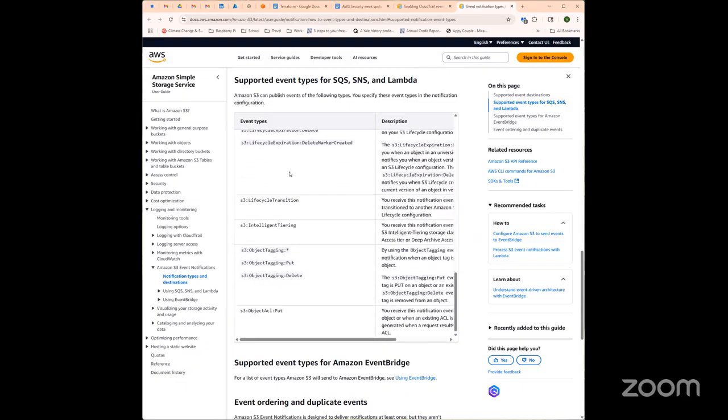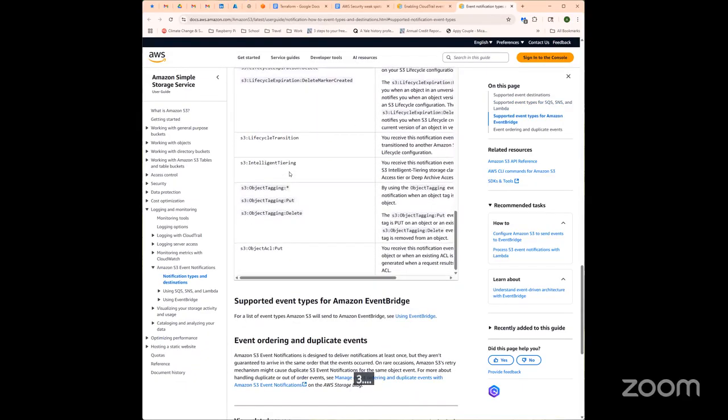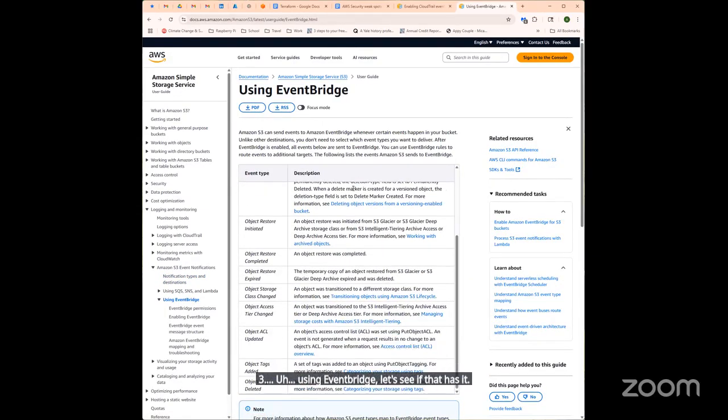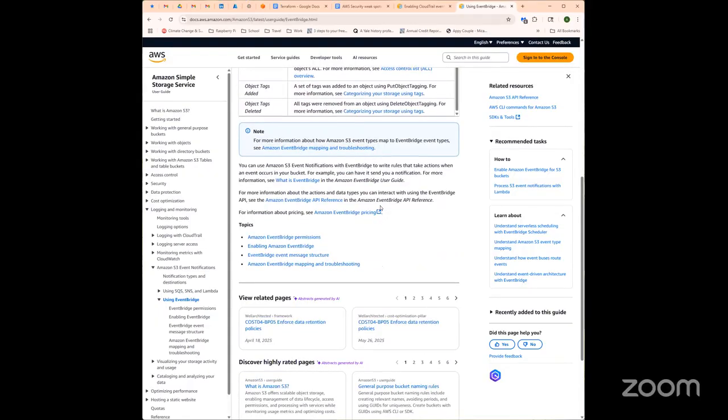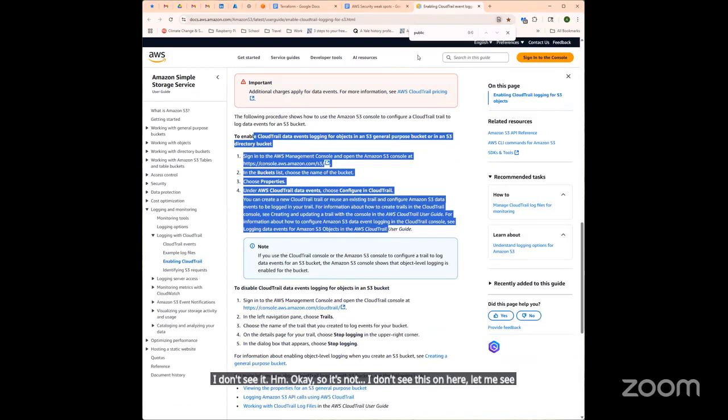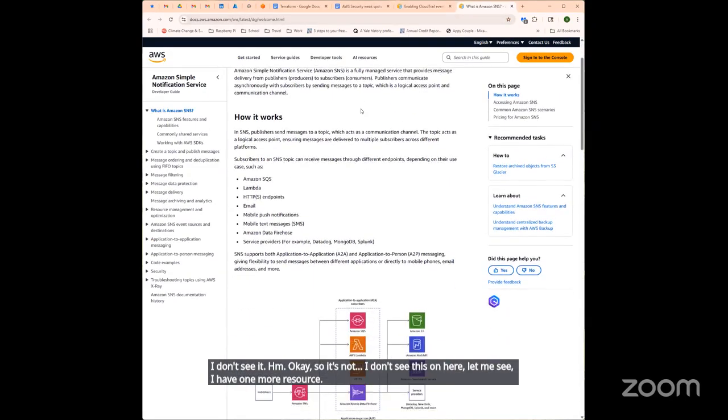S3. Using EventBridge, let's see if that has it. I don't see it. Okay, so it's not on here. Let me see. I have one more resource. SNS.